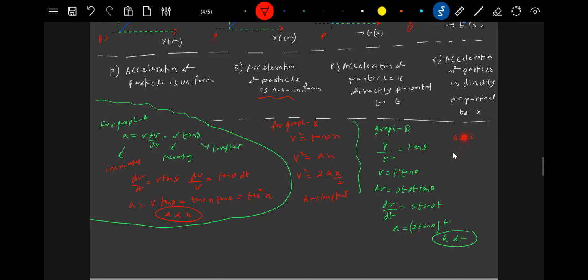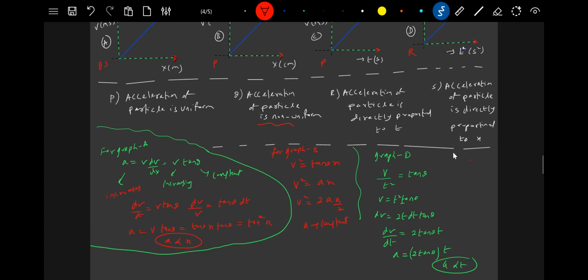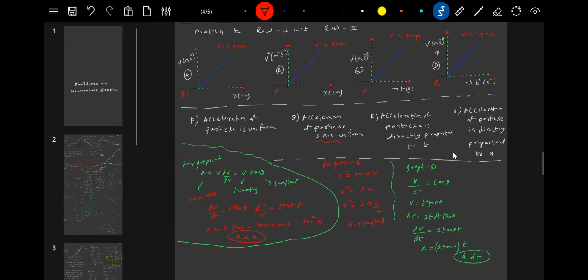How will acceleration be proportional to x? We got it proportional to t, no? R, sorry, it should be R. I'll minimize it, I'm unable to see it properly. What did I get? Acceleration is proportional to t is what I ended up with, for the graph.